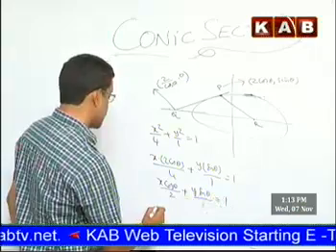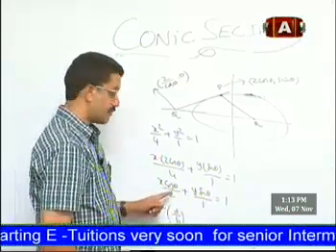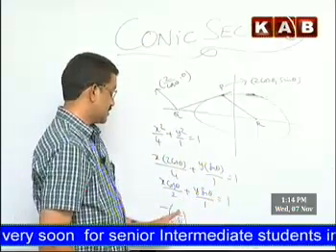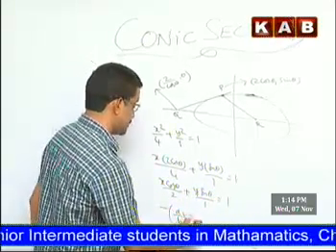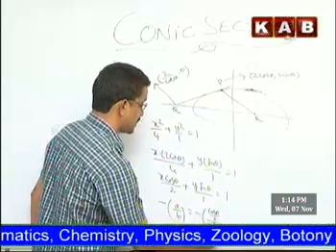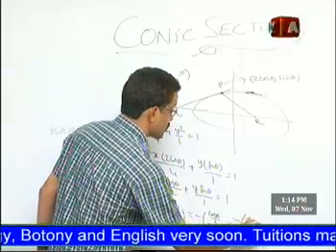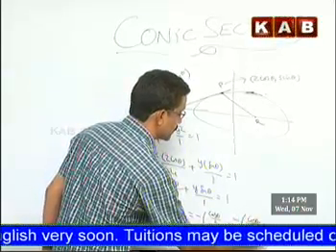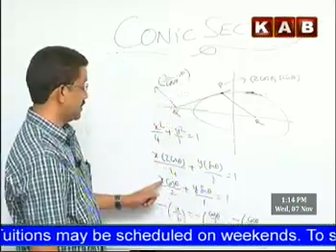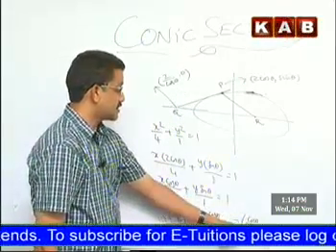If the straight line is in the form ax plus by plus c, the slope is minus a by b. That is minus of cos theta by 2 by sin theta by 1, which is minus cos theta by 2 sin theta. This is the slope of the tangent.